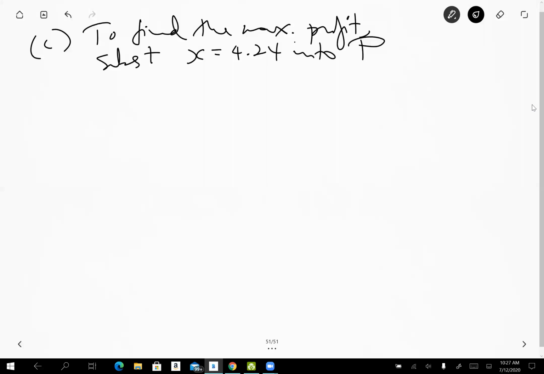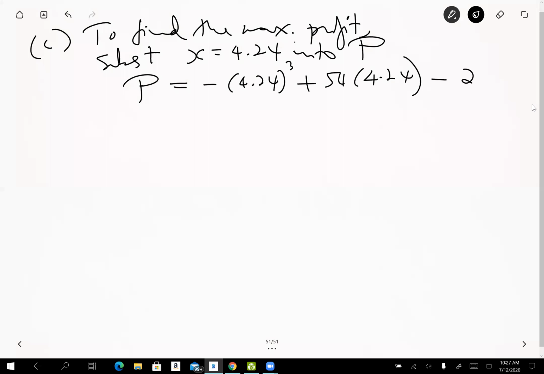You will get P equal to negative 4.24 to the power of 3 plus 54 multiplied by 4.24 minus 25. And you get the value.